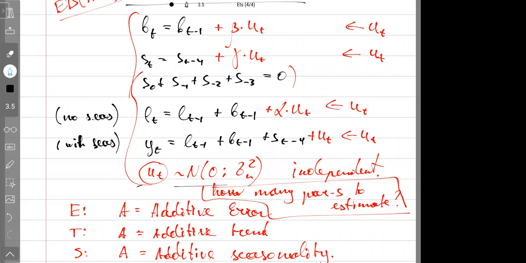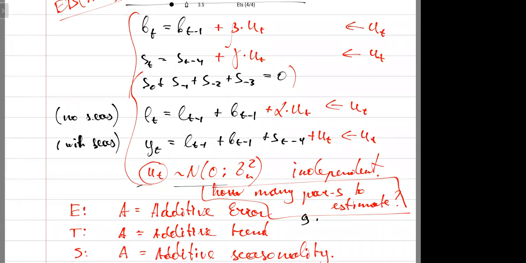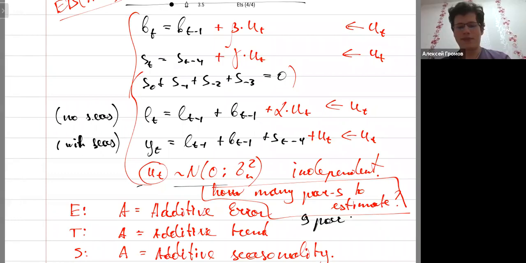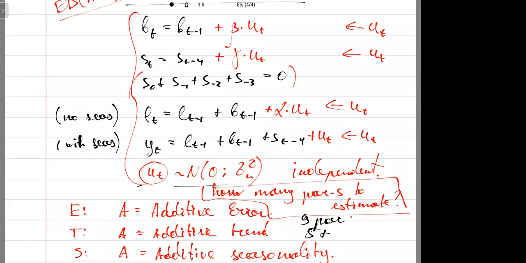Okay, 9 parameters. So that's 5 plus the new parameters in this system: sigma squared, alpha, beta, and gamma. So we have 9 parameters in total. Okay? Is that clear? Just count them.